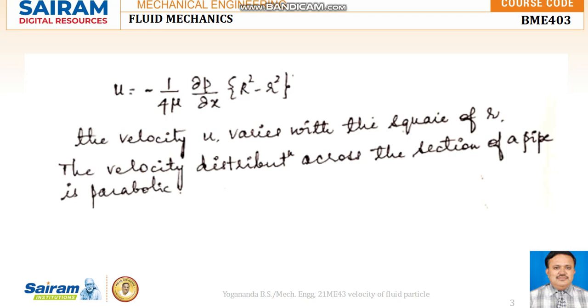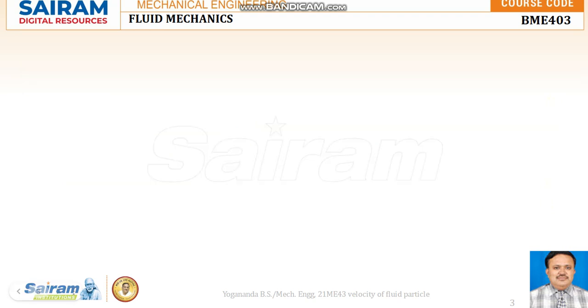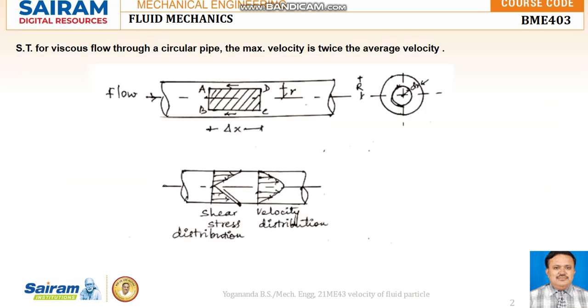So the velocity u varies with the square of the radius r. So the velocity distribution across the section of the pipe is parabolic. We have the power of 2 in the equation, so we say that the velocity distribution is parabolic. That's why the velocity distribution curve is shown as parabolic.